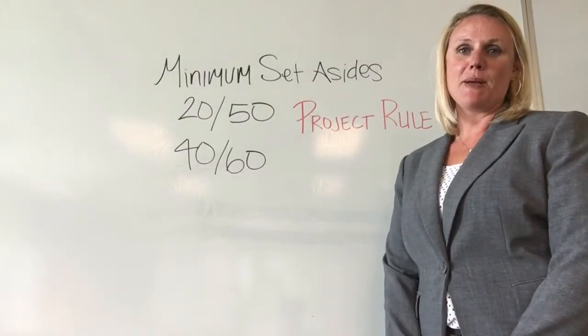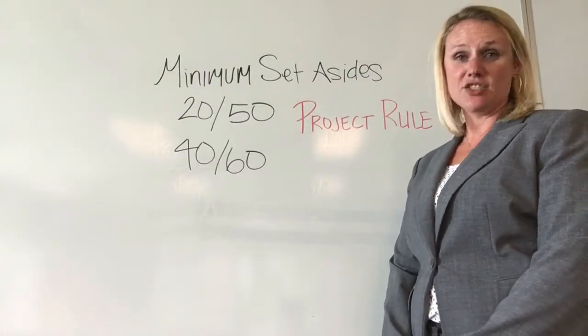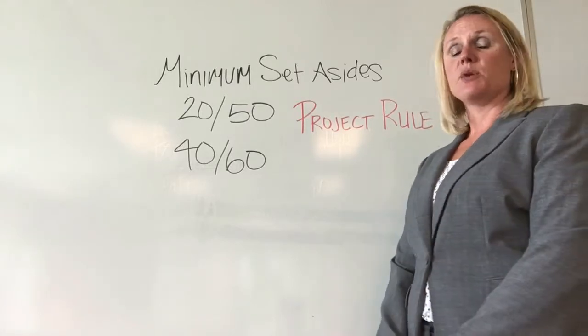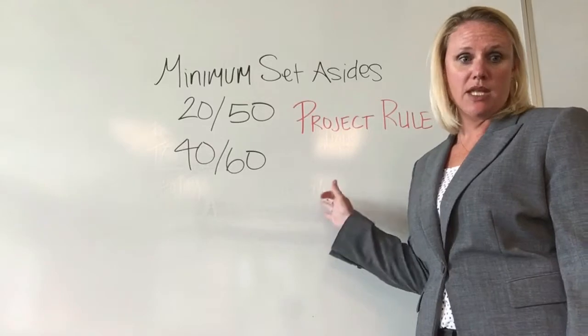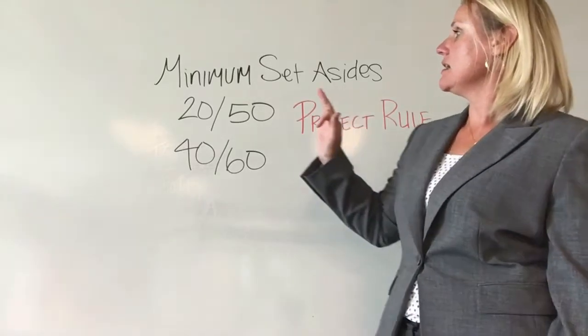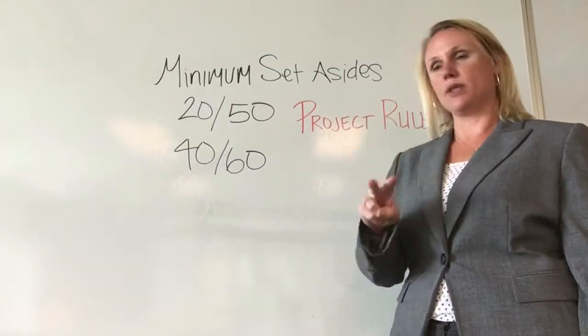Let's talk about minimum set-asides and additional restrictions. So your minimum set-asides are a project rule, and there's two choices.